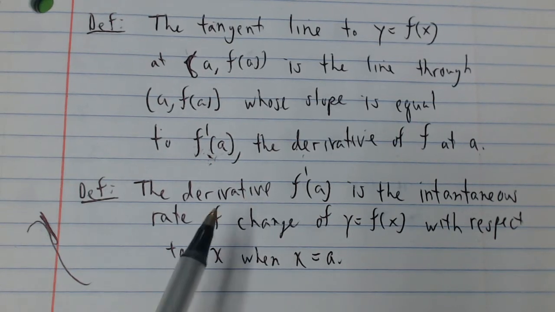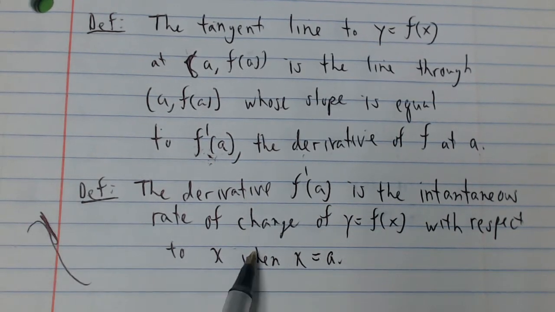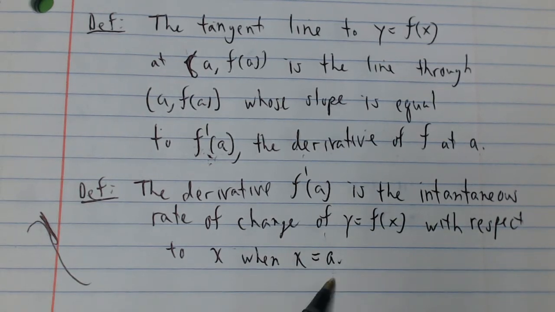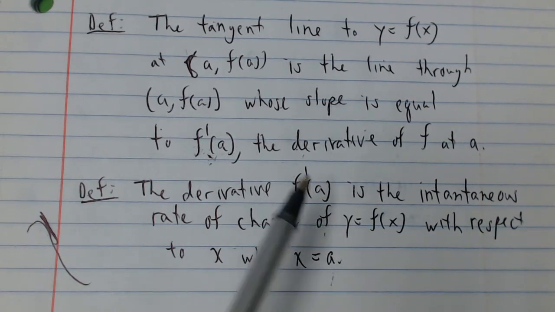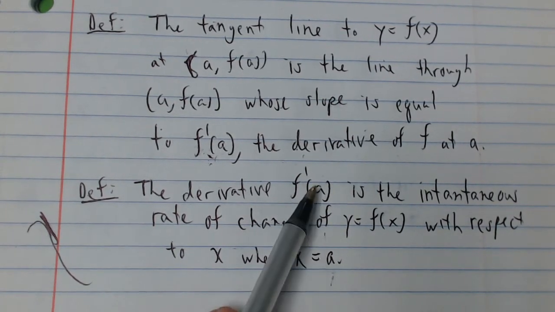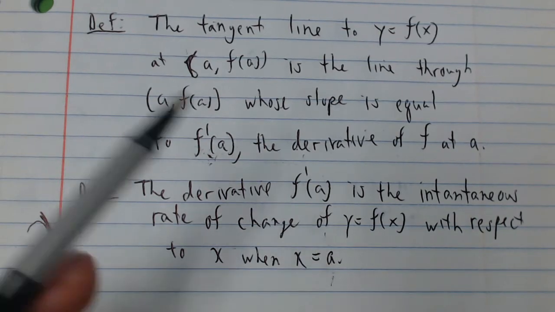So be ready that, for example, if you find a derivative of a function at some value a, in describing this, we're going to say, look, let's say you're producing some units.